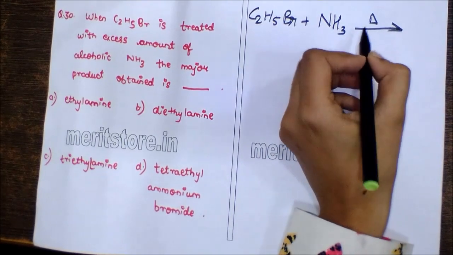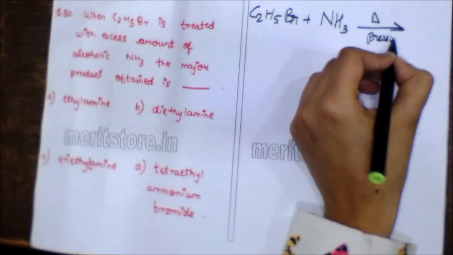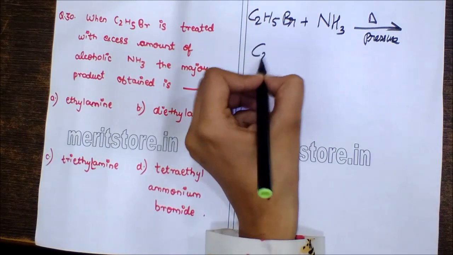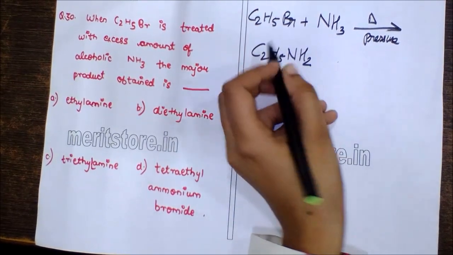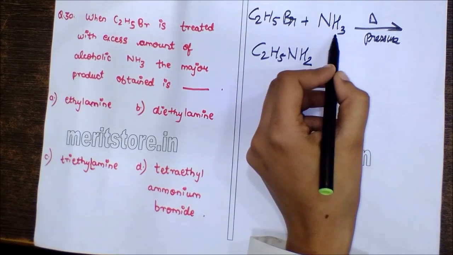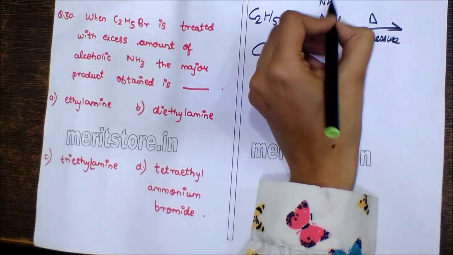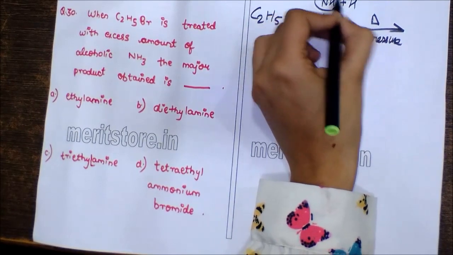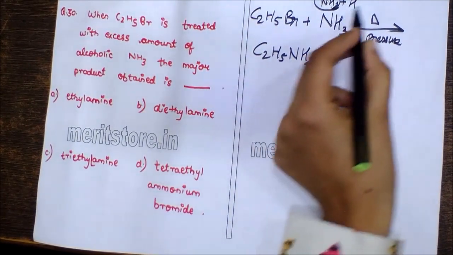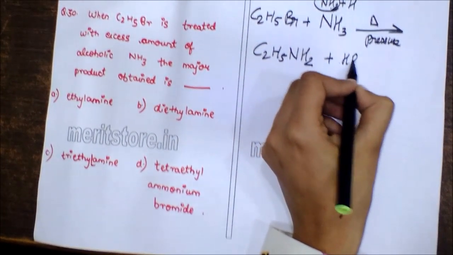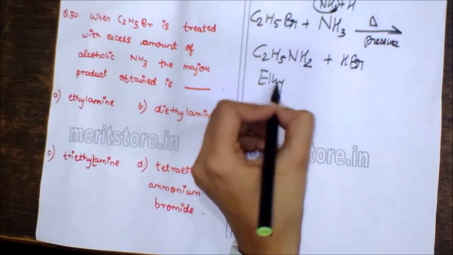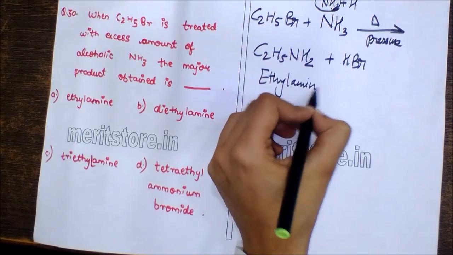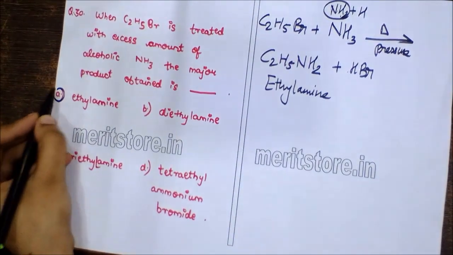When you heat it under some pressure, you will get, as this NH3 will break down to NH2 plus H, this NH2 will come here, and this H will go with this Br and form HBr. This is nothing but my ethylamine. Option A, ethylamine, is my correct answer.